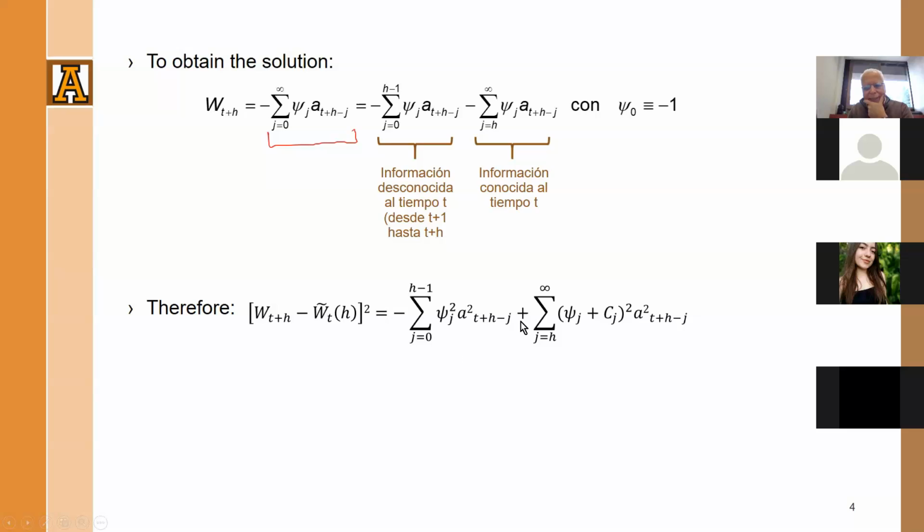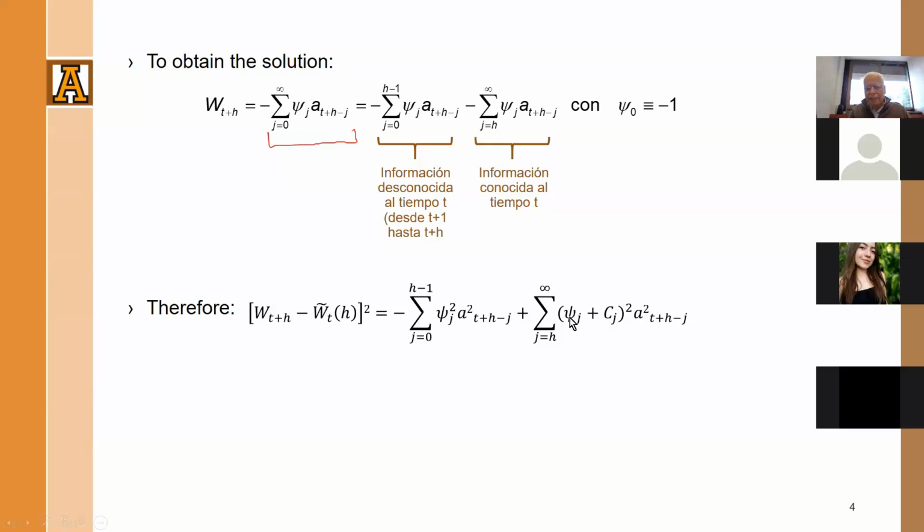In this case, this is what we do not know, so that'll be the sum from j=0 to h-1 of psi_j squared, a_{t+h-j} squared. And this part here involves the a_t's that we already know, the a_t's that are in the past. When j is equal to h to infinity is what we have in the past.